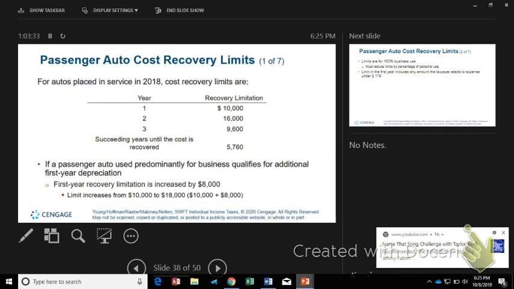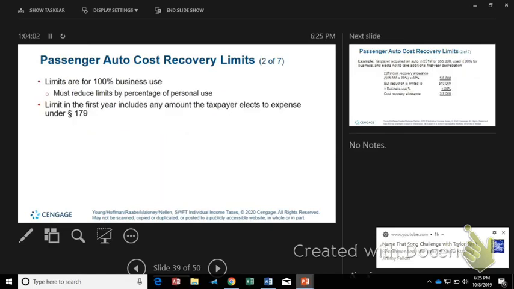Okay. Even though it's only used for 50% business, what are you going to do? Well, if a passenger automobile used predominantly for business qualifies, it could qualify for additional first year depreciation. Because that also works here. So first year recovery is increased by $8,000. That's the additional first year. So limits increase from 10,000 to 18,000.